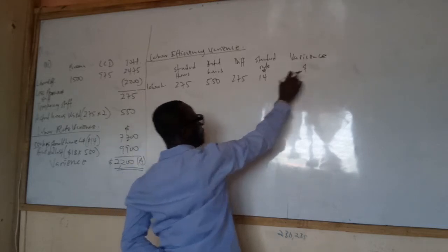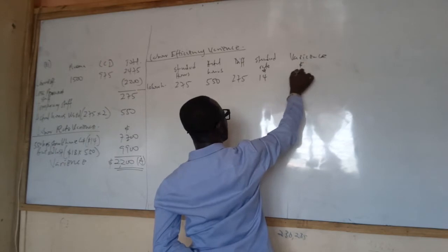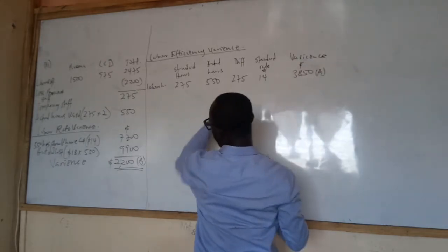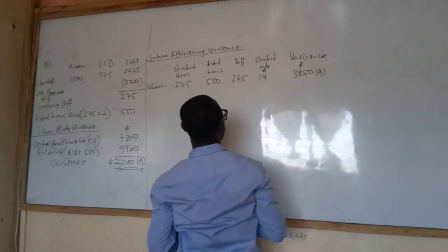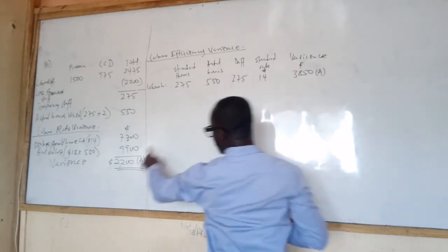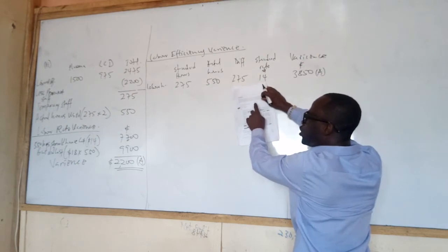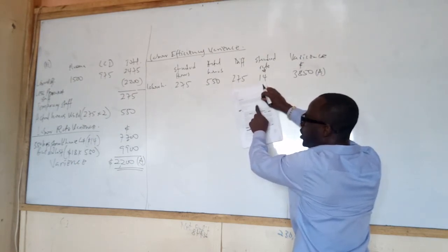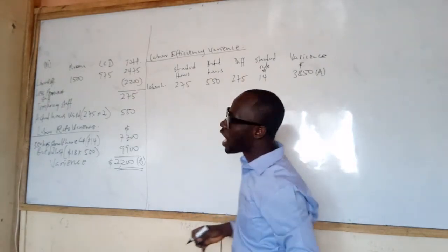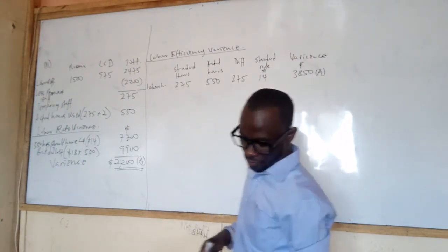So 14 by 275 is 3,850. And that's an adverse variance because they use more time than they are supposed to use. So that is the idea about it. Now add this to this. It should give you the figure above it, the total labor variance. That's it. So that is how we calculate the labor rate variance and labor efficiency variance.